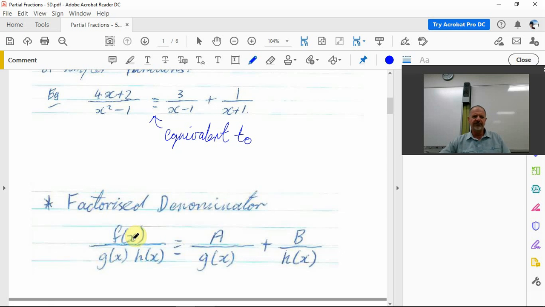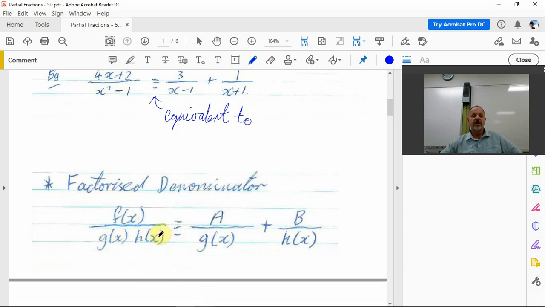If we've got a factorized denominator, we've got some function on top and two other functions, f, g and h. Nothing special about the letters f, g and h other than they're different to indicate different functions. So g and h are the factors, and I've just called the numerators a and b on the top there.